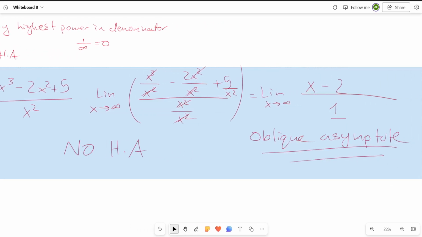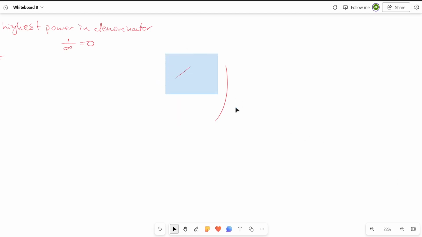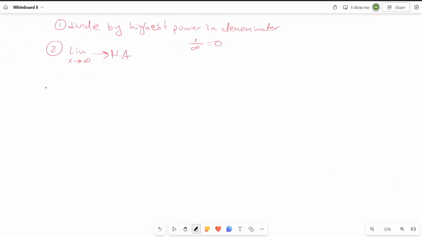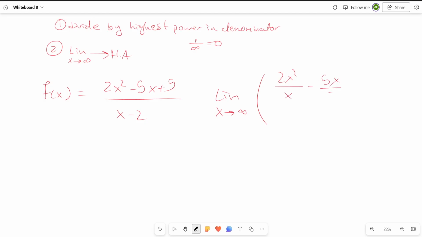The next example is very similar, so let me show you that if we have f of x equals 2x squared minus 5x plus 5 over x minus 2, I'll do the same thing as always. So 2x squared over x minus 5x over x plus 5 over x, everything over x minus 2 over x.